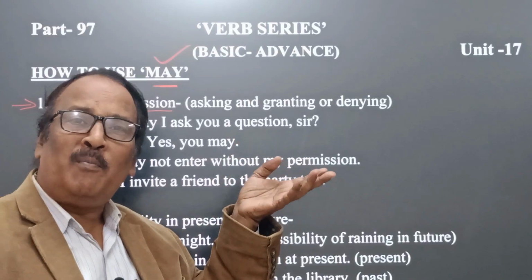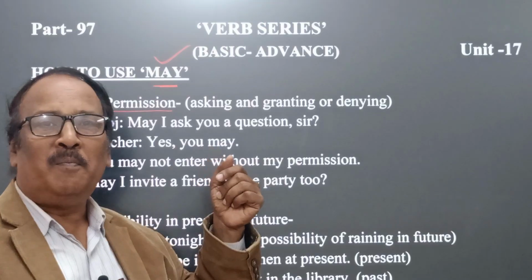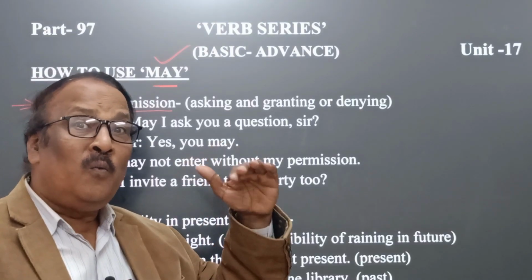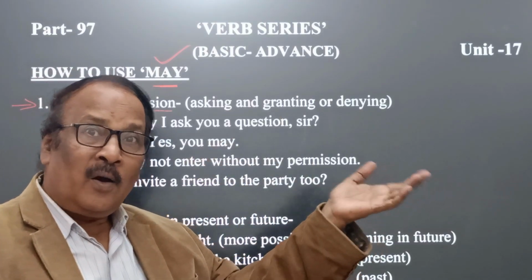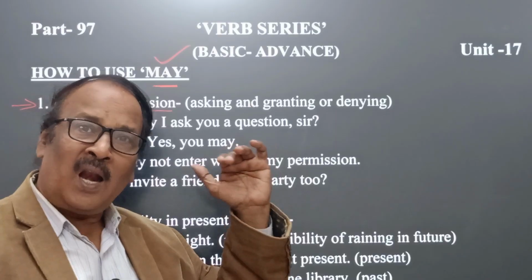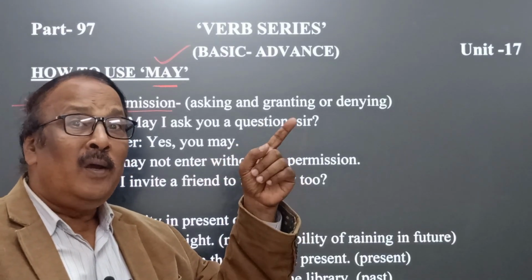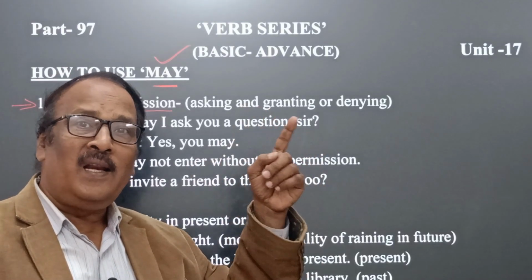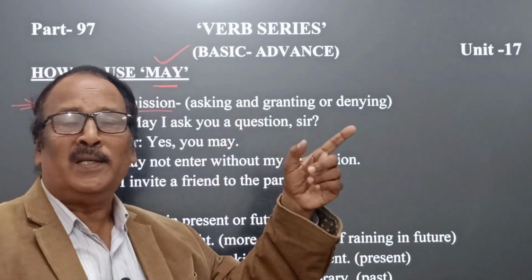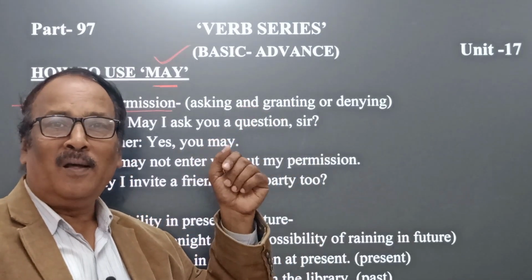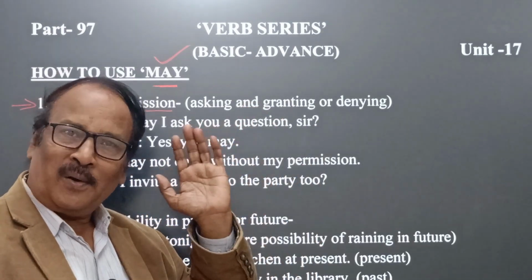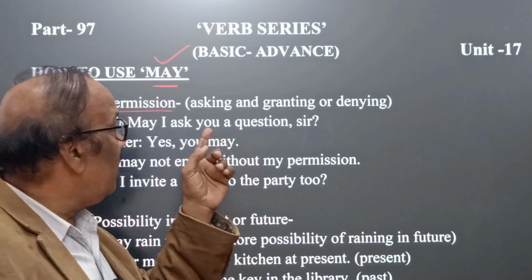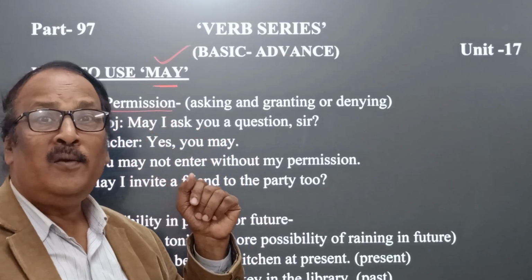What do you mean by formal permission? Formal permission means whenever we ask, give or grant permission to a distantly related person or a stranger, that is what we call formal permission. In this case may is generally used.